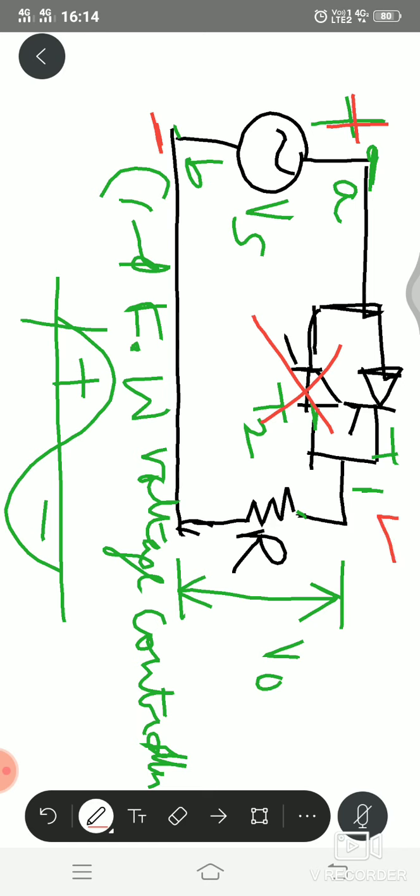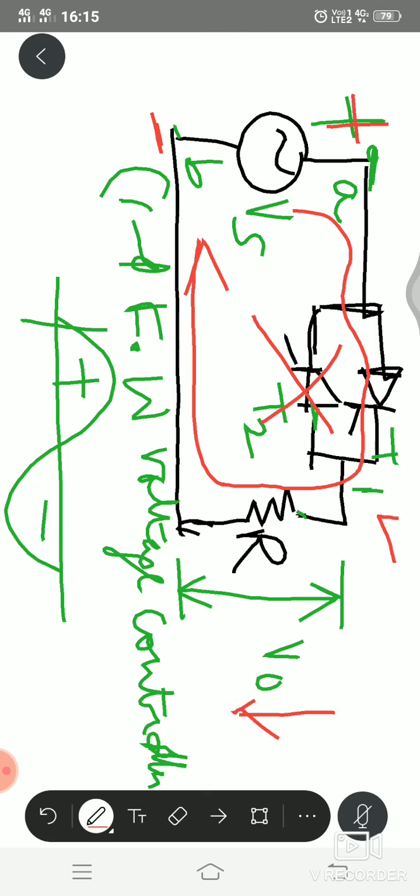Current will be flowing through T1, through the load and then return back. The load current direction is downward. Load current is I naught. T1 is forward biased and we need to fire T1 during positive half cycles.